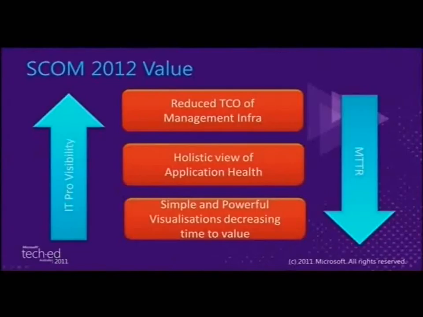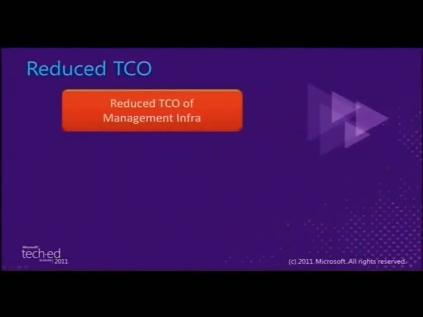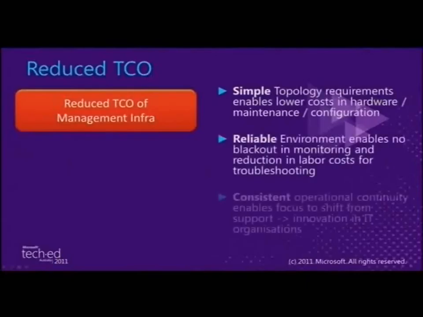So what does that mean? Really, we're increasing the visibility of your IT professionals in your organisation, giving them easier access to the data that they require to perform their role within your business. And all that really means is it's going to reduce the mean time to recovery because the users have access to the data that they need quicker to troubleshoot. So we'll talk through each of these.